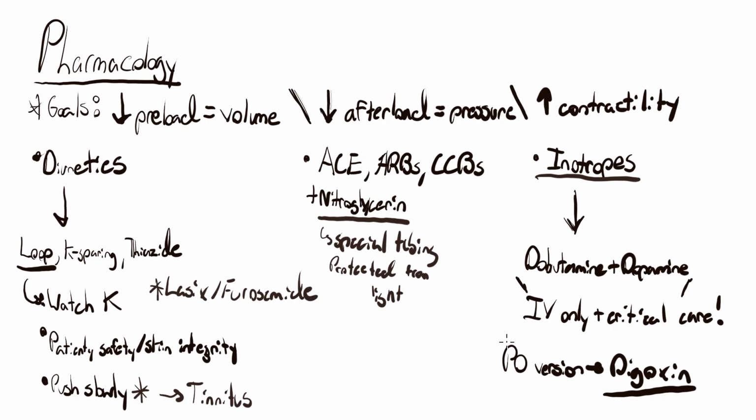But the big one you'll see patients who have heart failure on is something called digoxin. That is a PO medication that patients will take. It's a bit of an older medication, and here's why: because it requires a lot of monitoring, okay? It's one of those medications that has a range, and that range is 0.5 to 2, and you can check that level with a simple blood test.